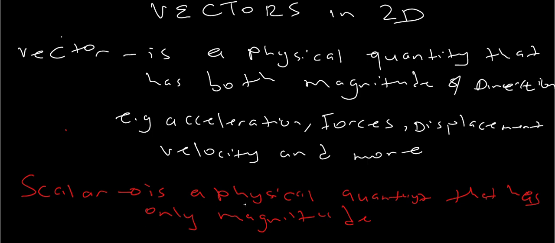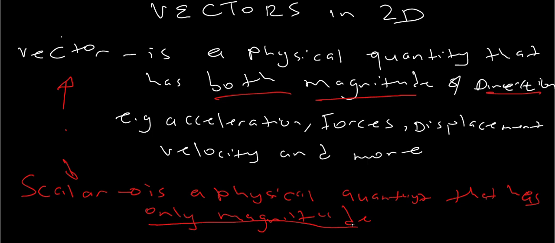So we talk about both magnitude and direction for a vector, and only magnitude for a scalar. When we talk about magnitude, we talk about value. Let me write value here, so that you can understand, guys.